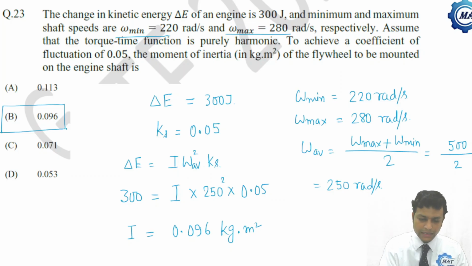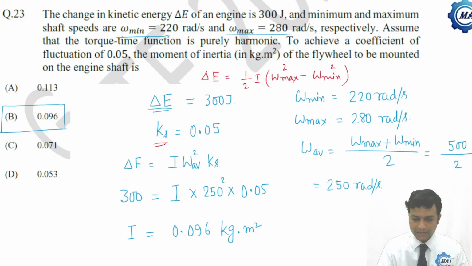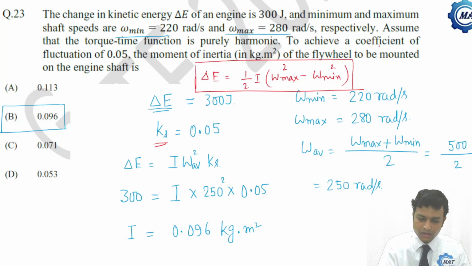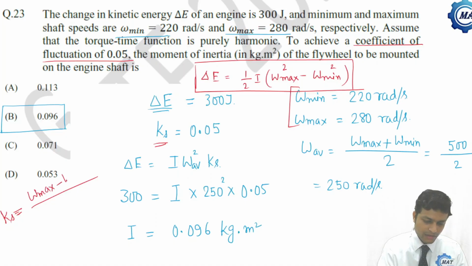But I want to say something about this problem. Delta E is also half I times omega max square minus omega mean square, and you can apply this equation also. But here one condition is given, to achieve the coefficient of fluctuation, and the coefficient of fluctuation can also be determined from the velocity range, that is omega max minus omega mean divided by omega average.